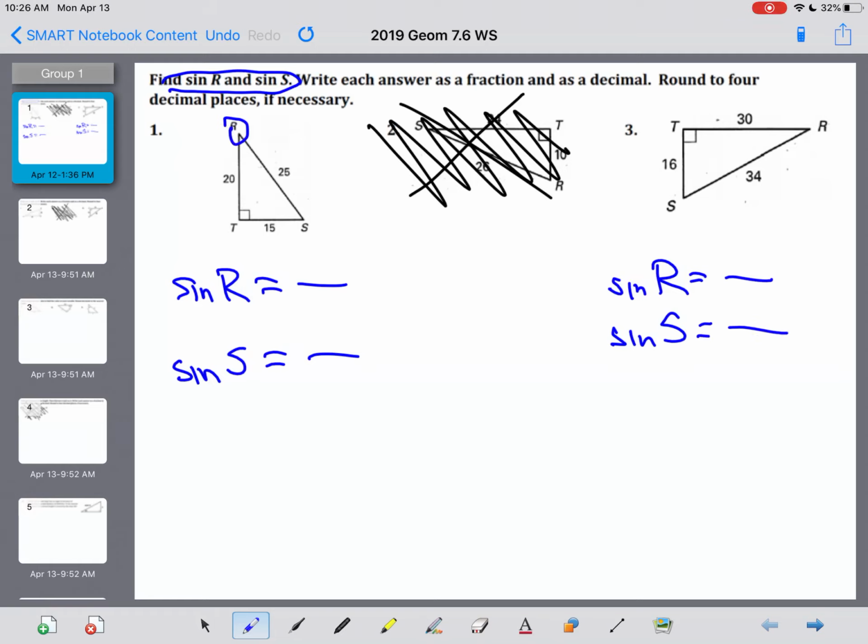And if I'm doing r, the sine is going to be as so. So opposite, 15 over 25, here's the hypotenuse. And if I'm doing s, so over here the sine of r, 16 and 34 is my hypotenuse.